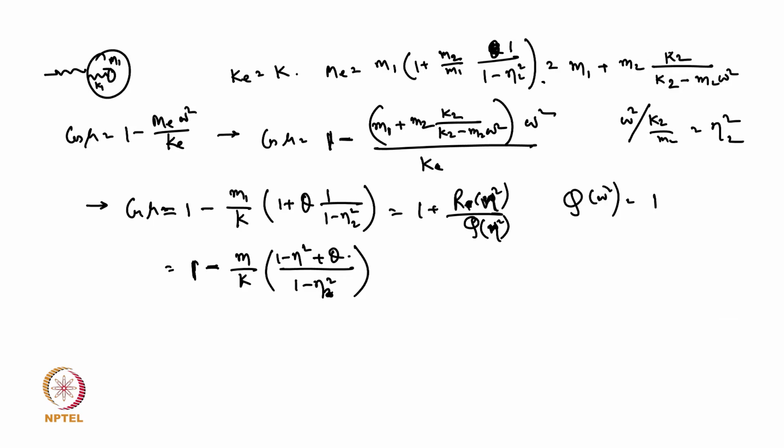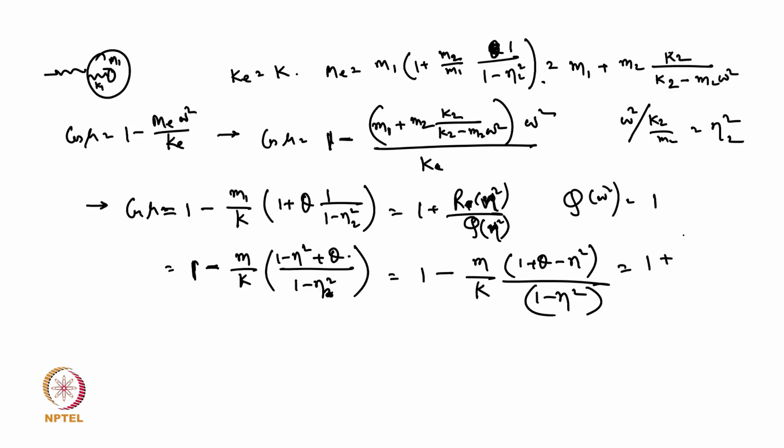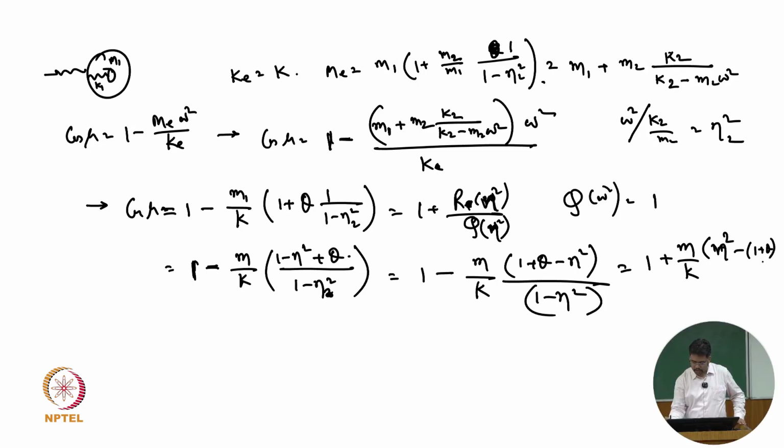Okay, so now I can write it 1 minus m by k into 1 plus theta minus eta square divided by 1 minus eta square. Fine. So I can also write it 1 plus m by k into eta square minus 1 plus theta divided by 1 minus eta square.